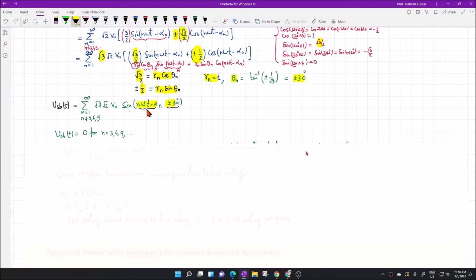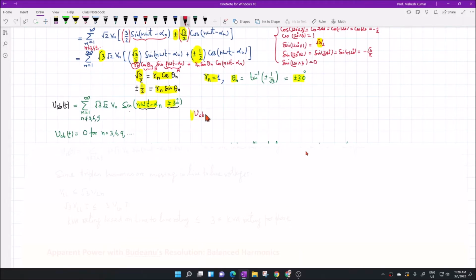For n changing from 1, 2, 4, 5, then 7, 8 and so on, the plus minus signs are taken alternatively as n proceeds from 1 onwards. And note that for n equal to 3, 6, 9, the VAB equals 0.